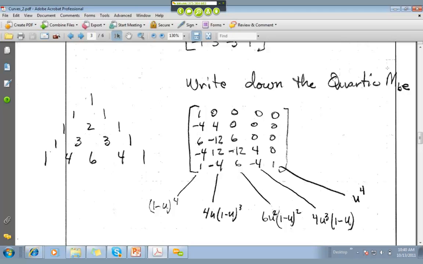From this bottom row. Is it going to change? No, because the coefficient is 1. So we can just write down 1, 7, 21, 35, 35, 21, 7, and 1. And what do we have to do? Alternate signs. Minus, minus, minus, minus.